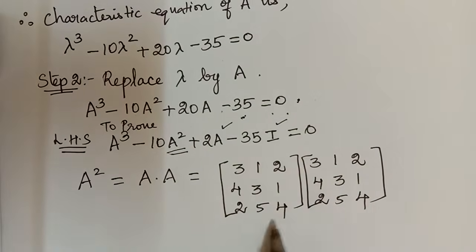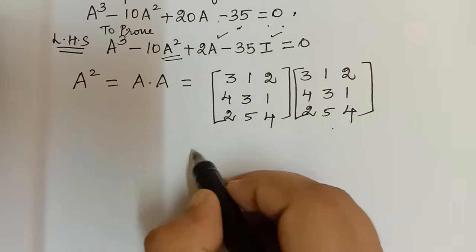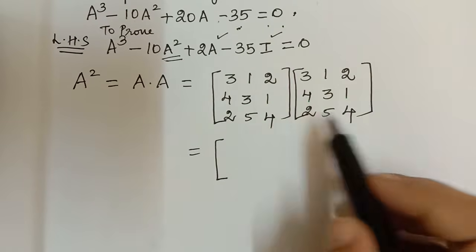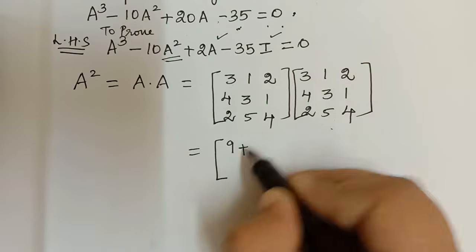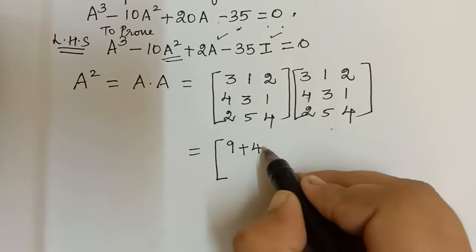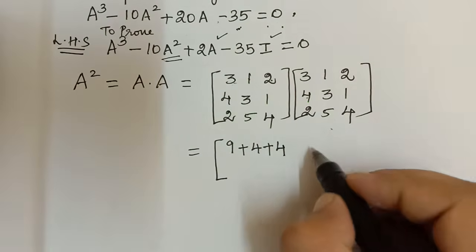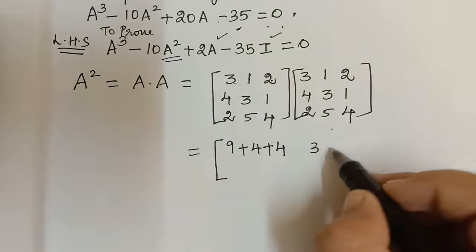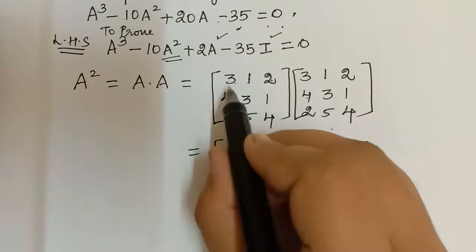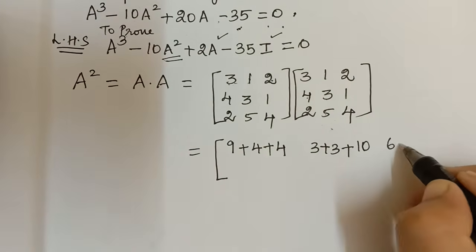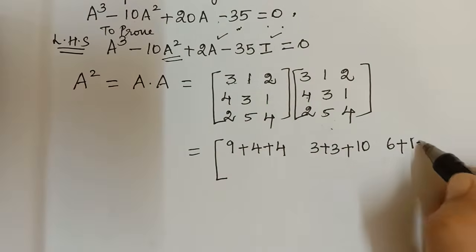So we have to multiply matrix A and A to get the matrix A squared, and so that will be equal to, so we have to multiply two matrices, that is 3 multiplied with 3 is 9, and then plus 1 into 4, so 4, plus 2 into 2, which is also 4, and then 3 into 1, so 3, plus 1 into 3, so 3, plus 2 into 5, so 10, and then 3 into 2, which is 6, plus 1 into 1 is 1, plus 2 into 4 is 8.